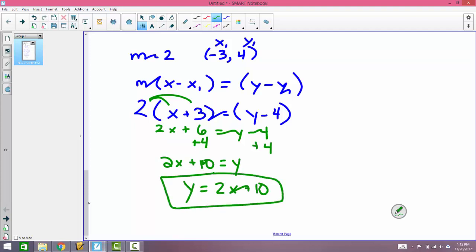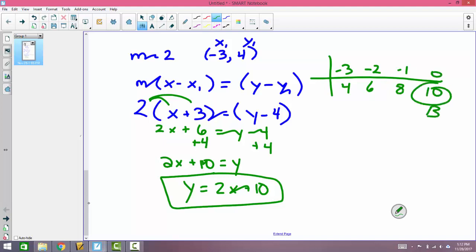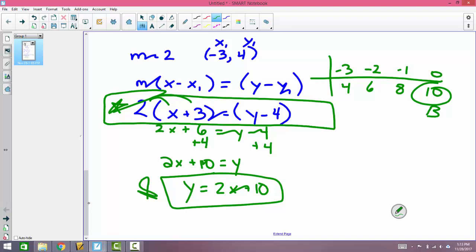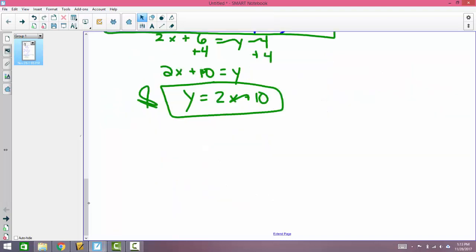And that would make sense because if negative 3 gave you 4, if you were looking at a table and you had a slope of 2, then negative 2 would give you 6, negative 1 would give you 8, and 0 would give you 10, and that's your b. So you see how these are interchangeable? This is the exact same thing as this. But it doesn't matter what form you write an equation in, and if you have a point and a slope, it's actually easiest to write it in point-slope form.